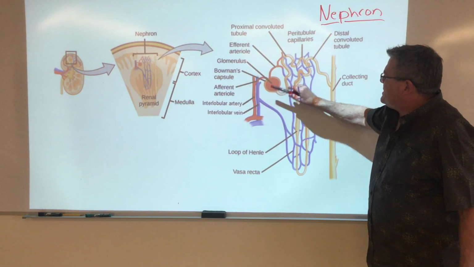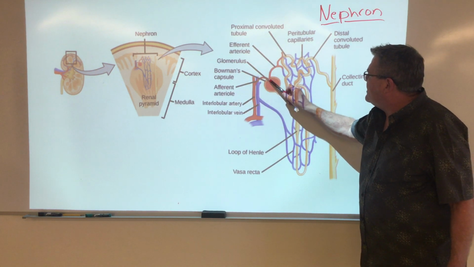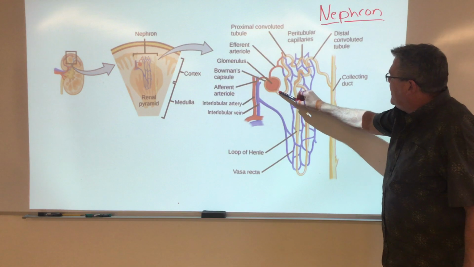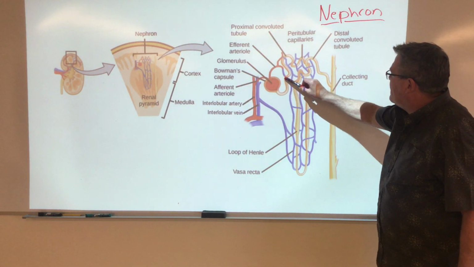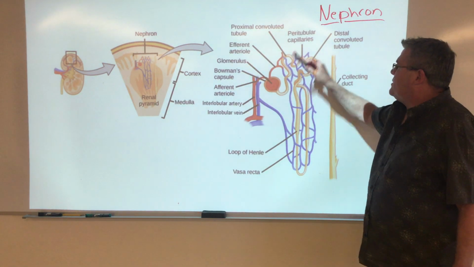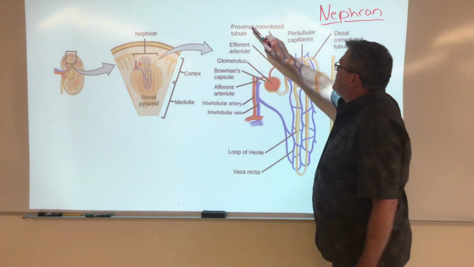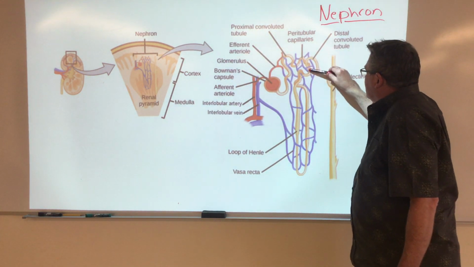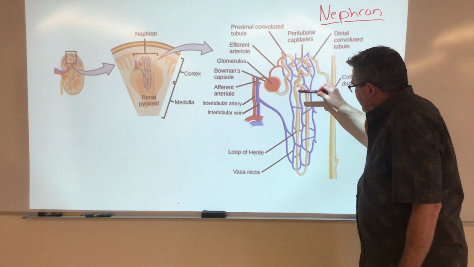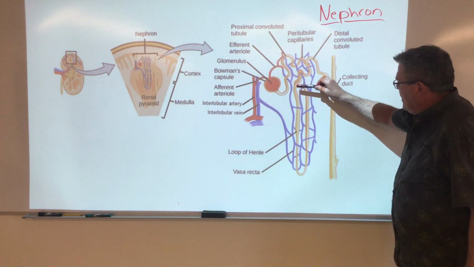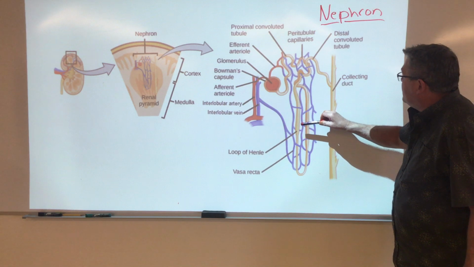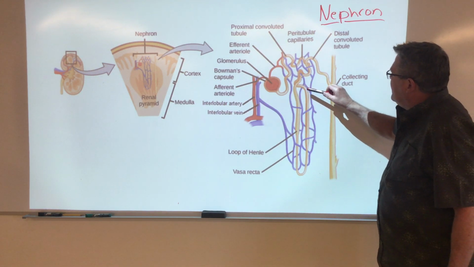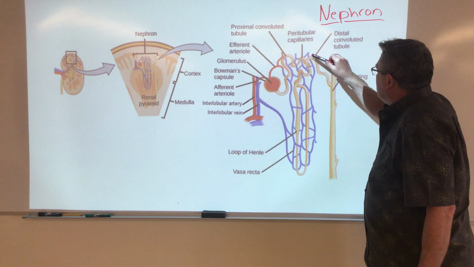We're going to essentially start here. If you look, there's an artery that goes in, and then it comes out. And then there's a tube, and it's called a tubule, and it's close to the capsule, so it's called proximal. And it's all twisted and bent. And then we come out, and we have our descending loop, and then we've got an ascending loop, and a distal convoluted tubule over here.